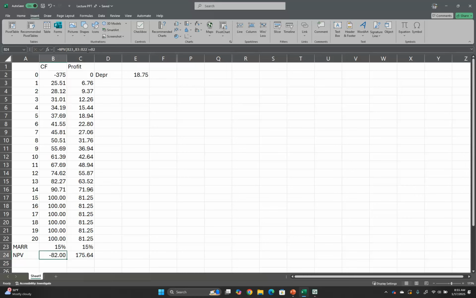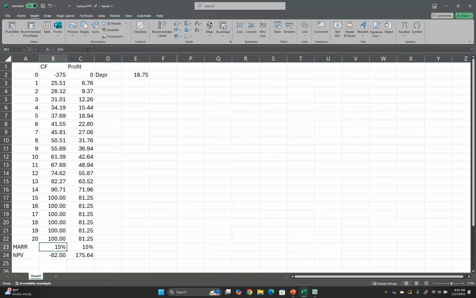So the net present value of this project comes out to minus 82,000 million, whatever the unit is. But bottom line is it's negative. So that means the project is not feasible at an MARR of 15%.